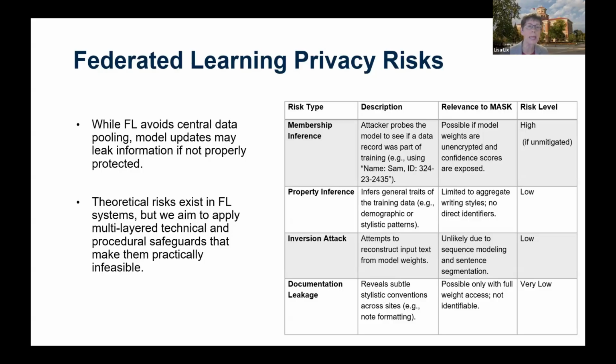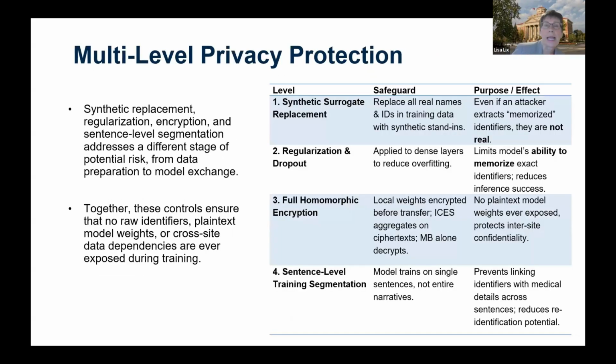But if we have multiple layers of technical safeguards and procedural safeguards, then that really makes them impracticable to occur. And so our teams at both the Manitoba and Ontario sites have worked through these different safeguards and how we're actually going to address them. And this slide just represents some of the activities that are going on there and that we've been documenting.